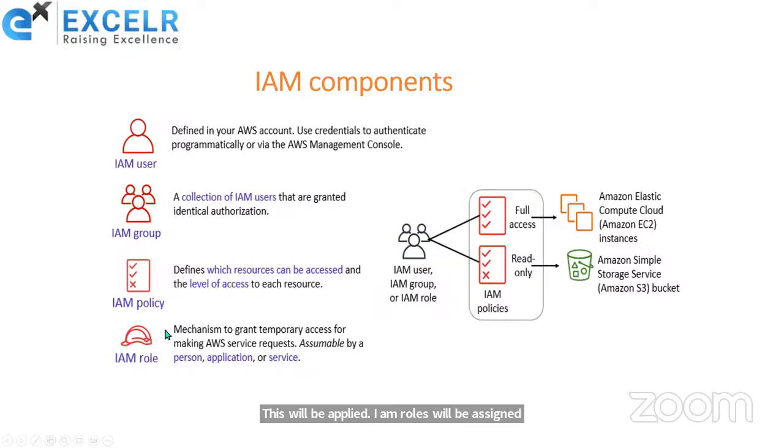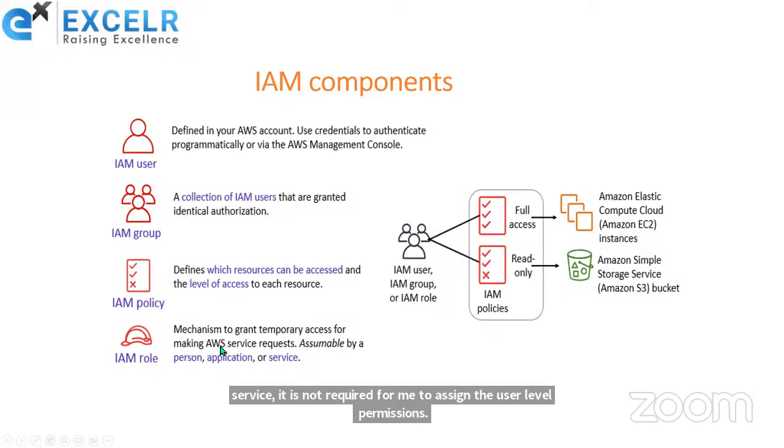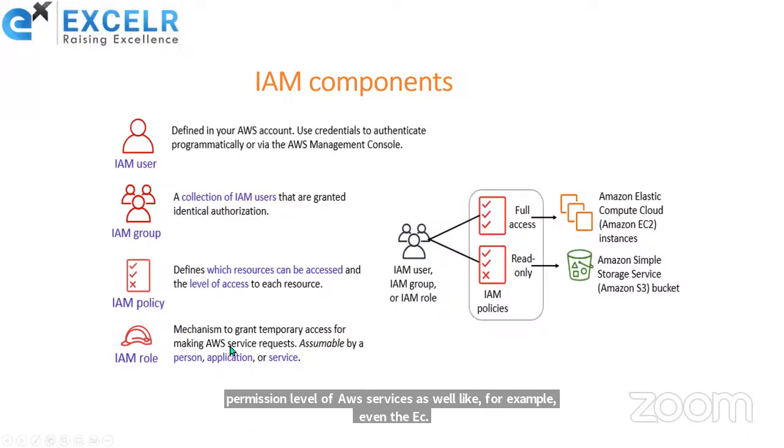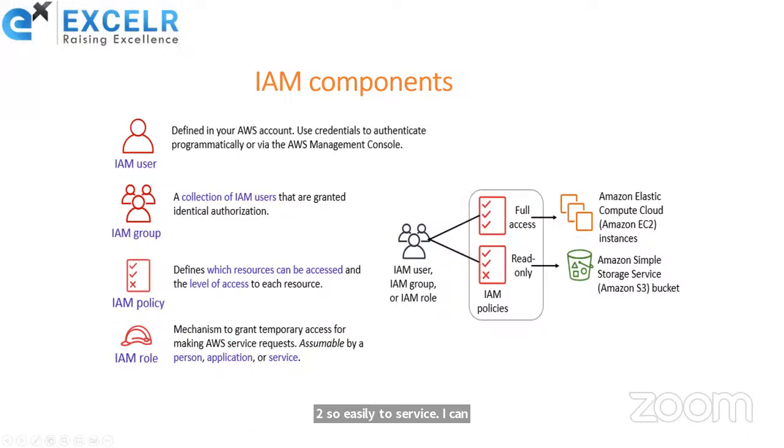If I create the permission directly for the AWS service, it is not required for me to assign user level permissions. So if I create a role and assign that role to the service, then I can control the permission level of AWS services as well. For example, even for the EC2 service, I can create a role so that the person who is accessing that particular service has specific permissions. That is possible with the IAM role.